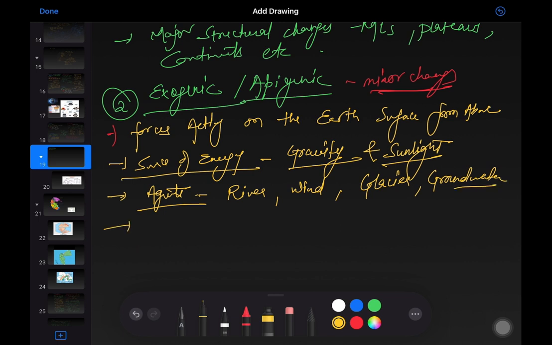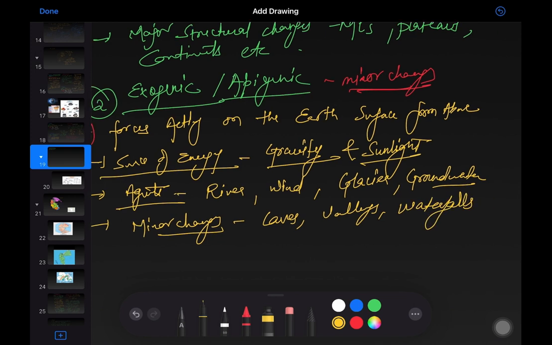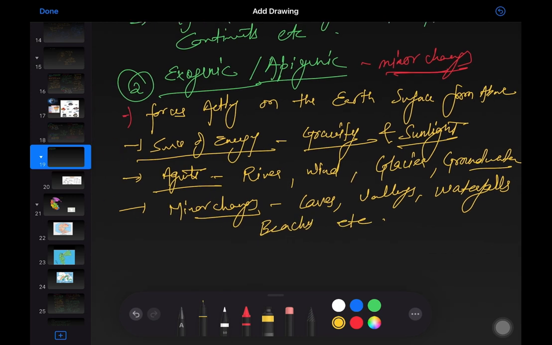Structures which form due to these minor changes develop, like various topographical features like caves, valleys, waterfalls, plunge pools, beaches, etc. These all are result of exogenic.